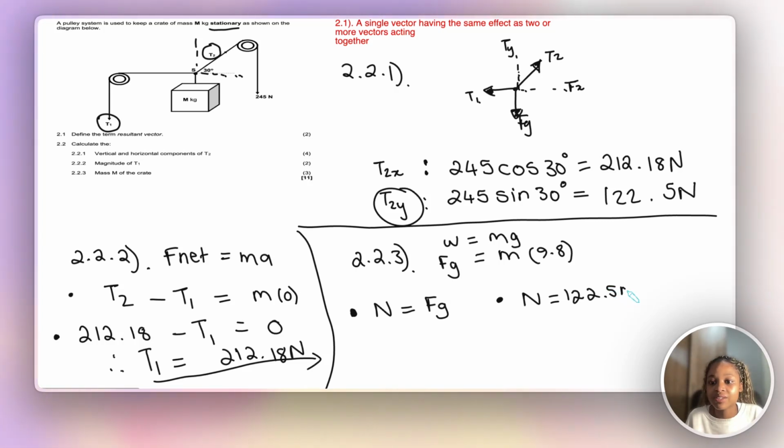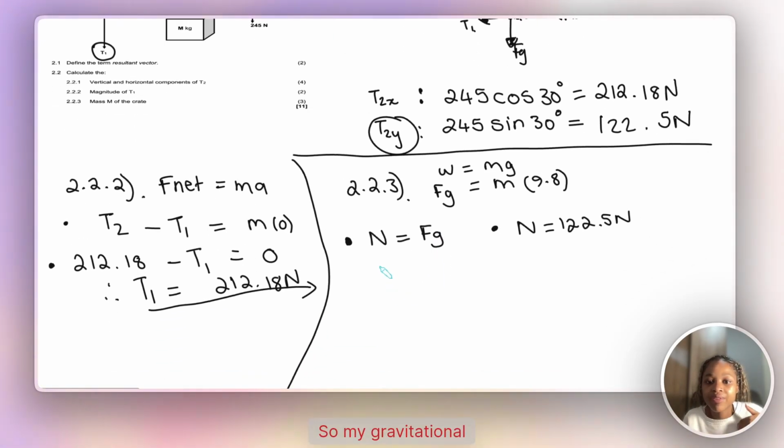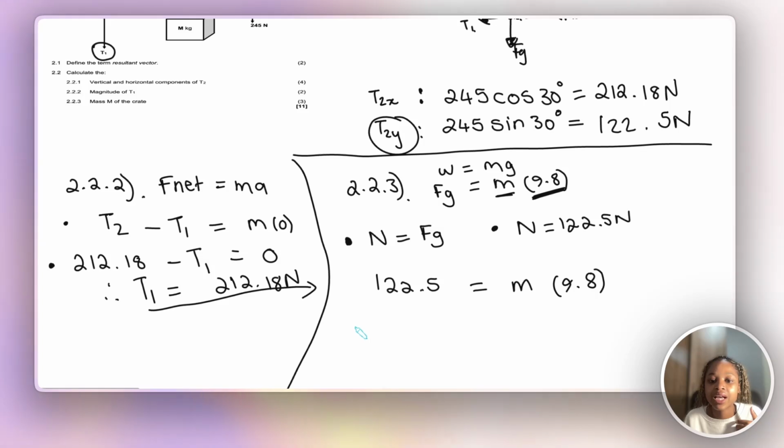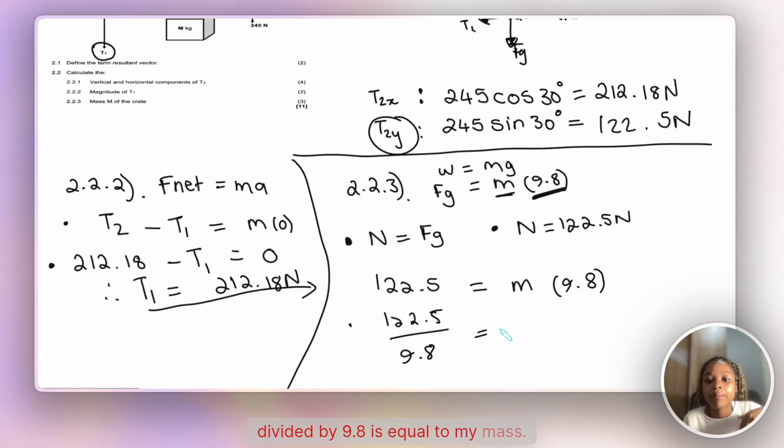122.5 Newton. So now that I have my normal force, I can just equate it to the gravitational. So my gravitational force is 122.5 Newton, which is equal to my mass, which I don't have, times my constant, 9.8. Then I just go 122.5 divided by 9.8 is equal to my mass.